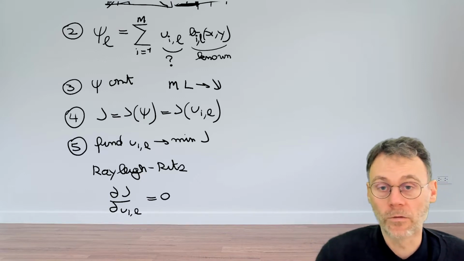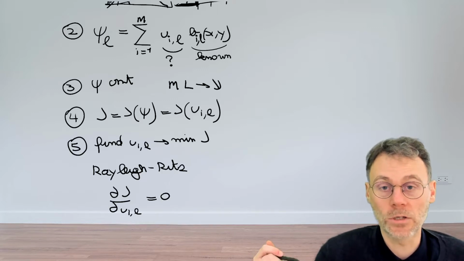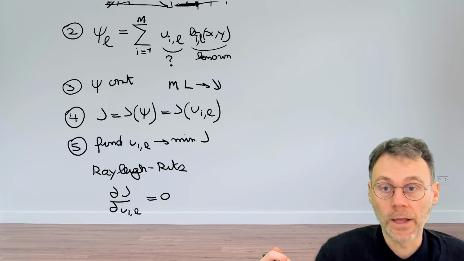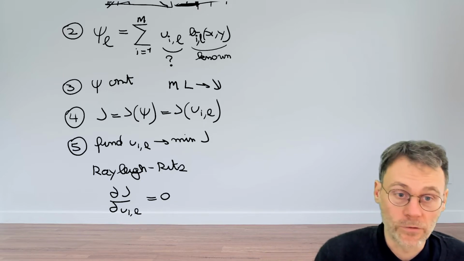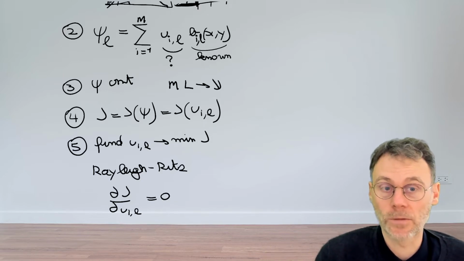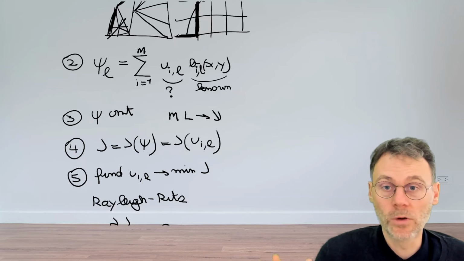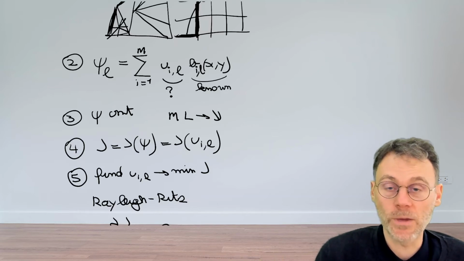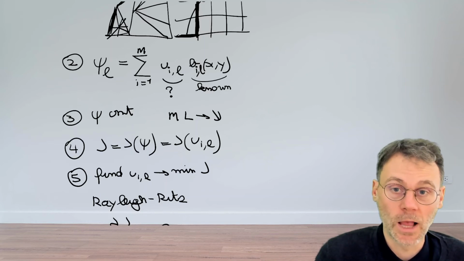You repeat that for all the unknowns, and then you basically end up with as many equations as you have unknowns. And then hopefully these are linear equations, and then you can solve them using your favorite linear algebra package. So in a nutshell, this is the recipe for finite element methods. What we will be doing in the next set of videos is making this more concrete for the case of the one-dimensional Helmholtz equation.